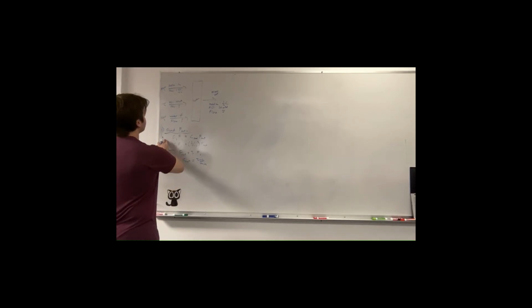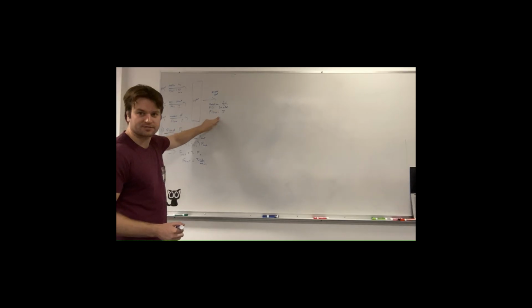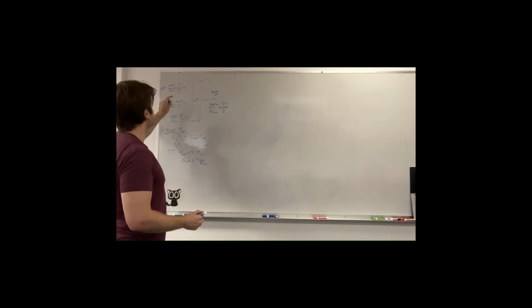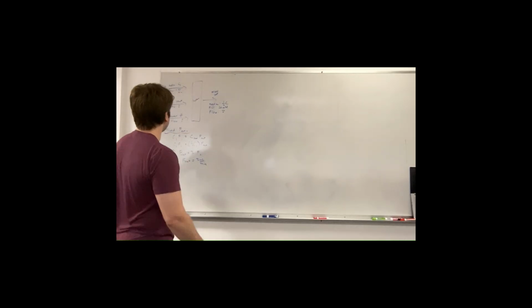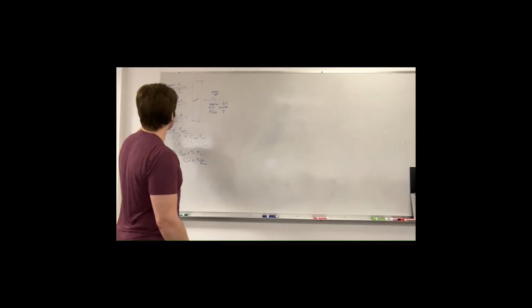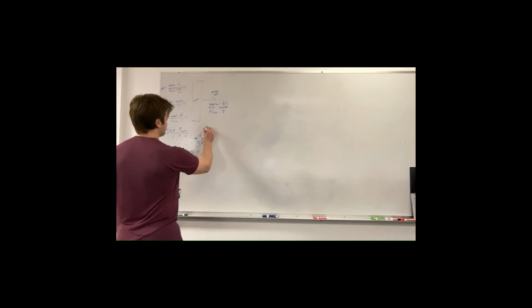So that's part 1. Now that we have F out, we're able to find, from here we still have 2 unknowns, and they're the 2 unknowns the problem asks for: the flow of KCl and the flow of water.